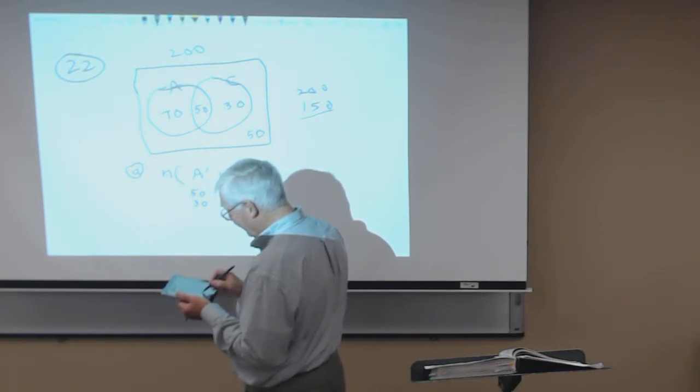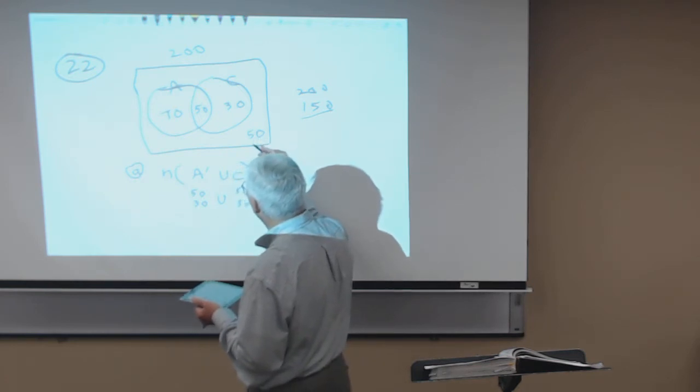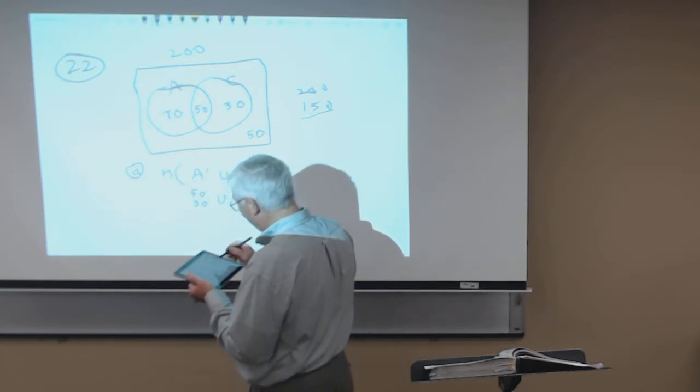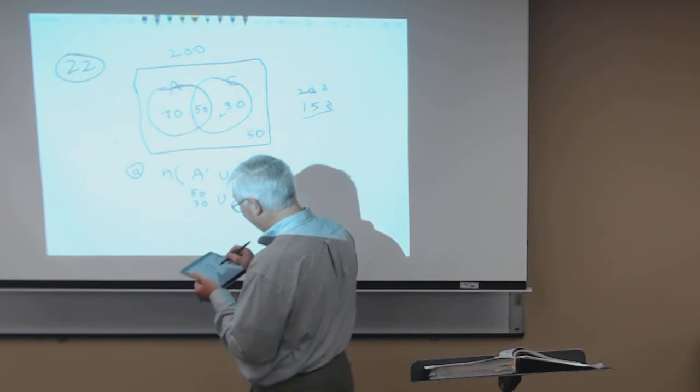And if I unite those two, if I put them together, what do I have? Let's see. I have this 50 here. The complement of A is this 30 and this 50. You follow me?